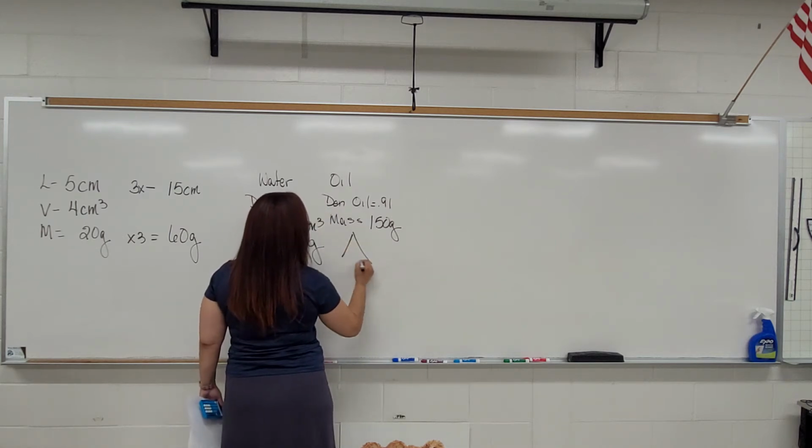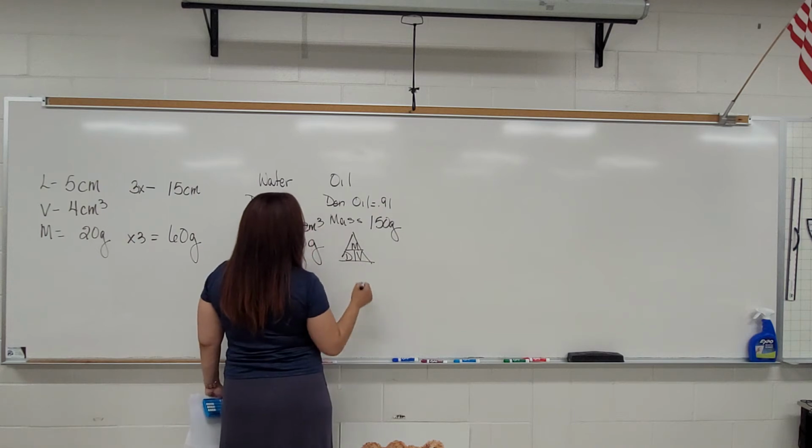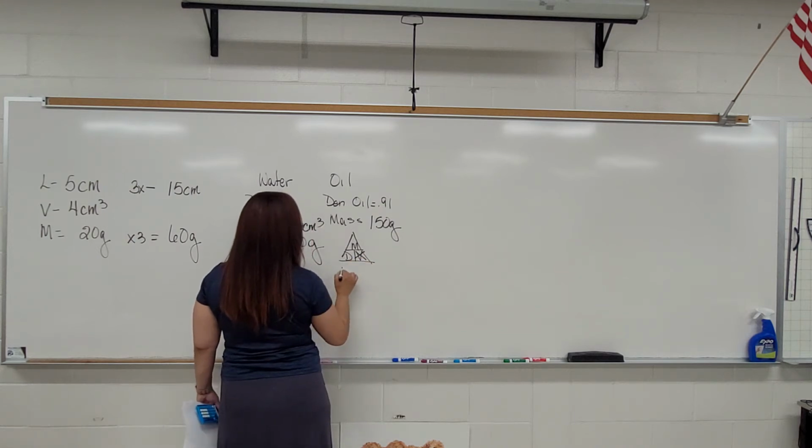Now that we have the mass and we have the density, we can solve for volume. I showed you the triangle where density is equal to mass over volume. Solving for volume, volume is equal to mass divided by density.